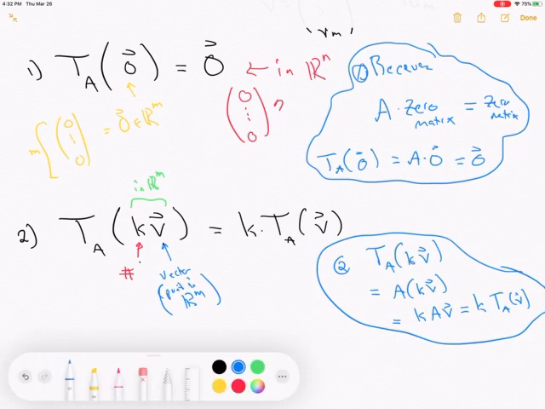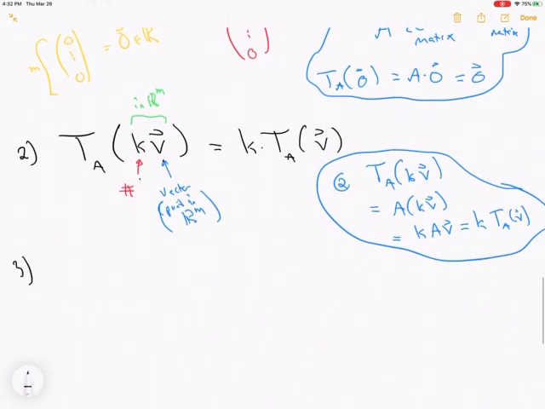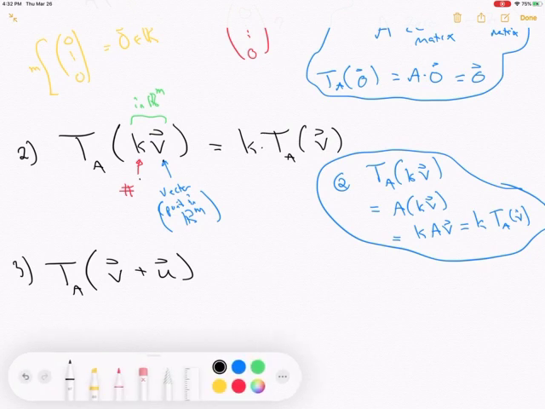And the last property is that if you add two vectors together, which of course gives you a new vector, then you can input that new vector into the function.